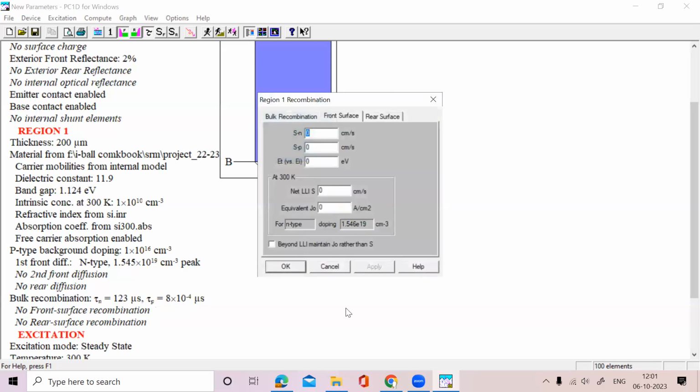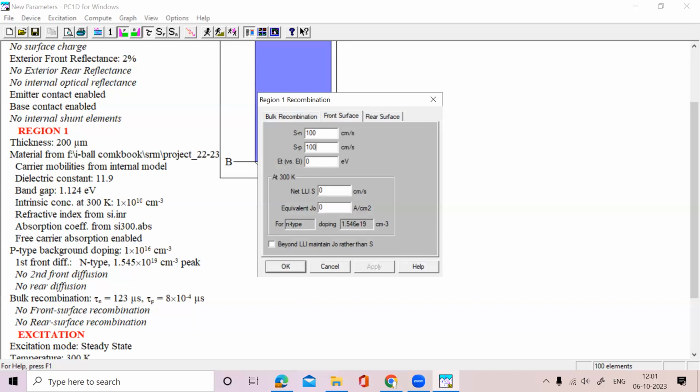Now I am giving the front surface recombination. For the front, it will be 100 for both. Why am I giving 100?